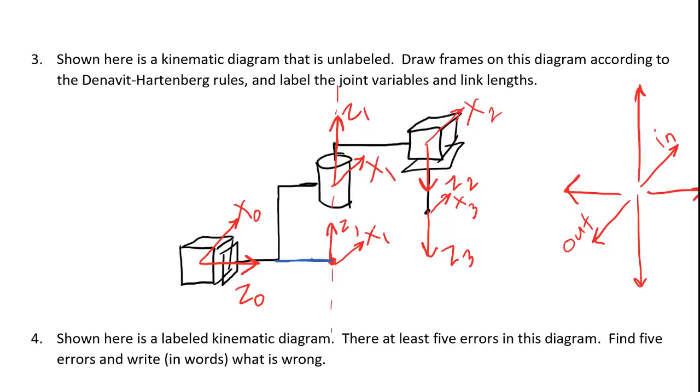So the fact that there is no link here, as I've drawn in blue, doesn't actually matter. We've attached it to a sort of imaginary link there. So my 1 frame is no longer located here. It's now located down here.